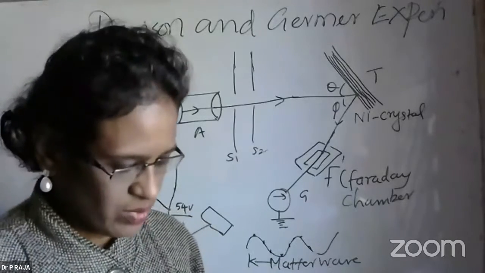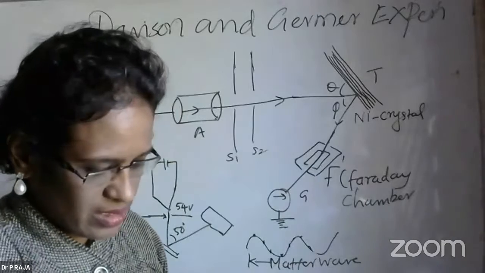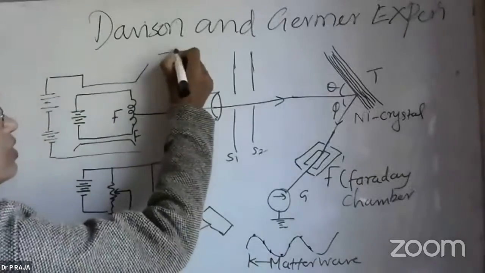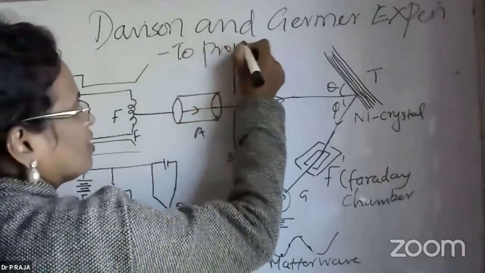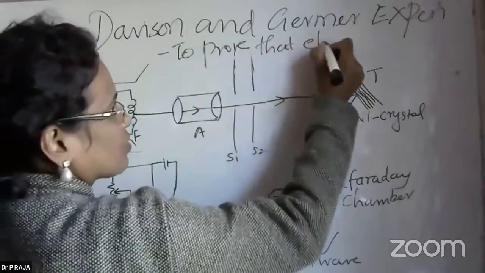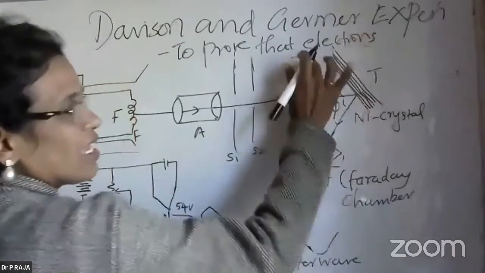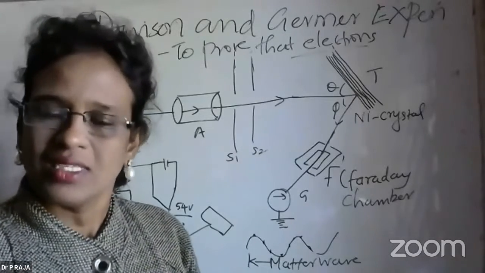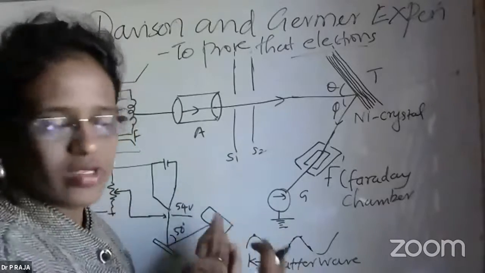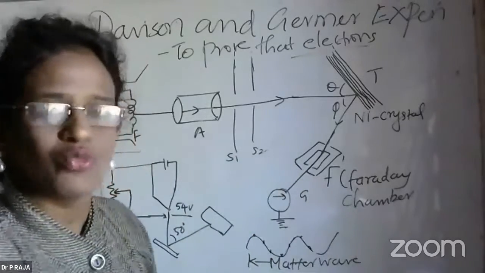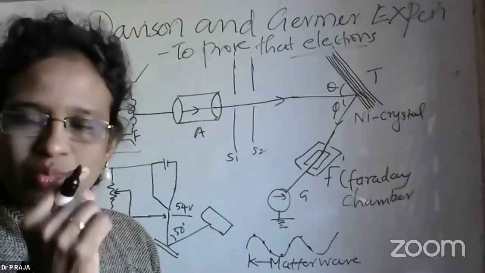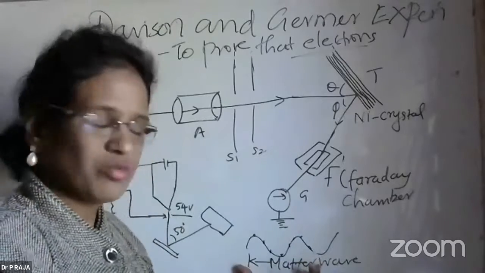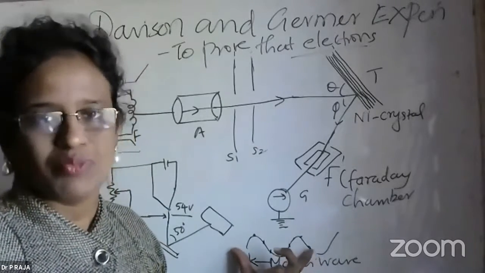So Davisson and Germer had an experimental setup like this, and their aim was to prove that electrons move in the form of a wave as well as in the form of a particle. In quantum mechanics, we are going to move with the wave nature. So electron, being a particle, when moving in the wave form, means the concept of matter wave can be proved experimentally.